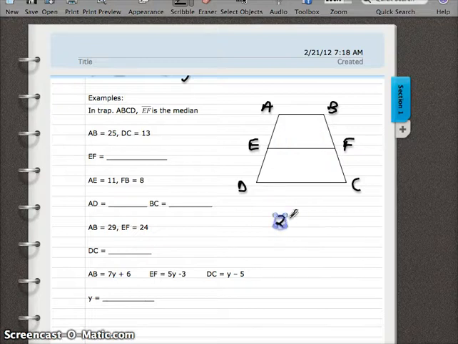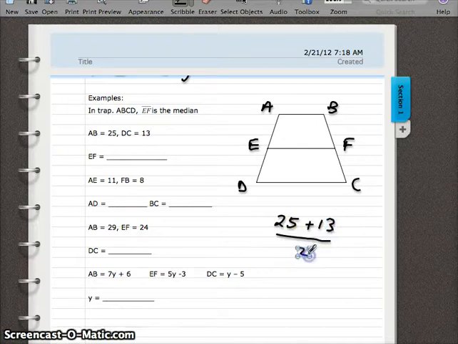So 25 plus 13. We add up our bases. There's 25, there's 13. And we divide by 2, and that gives us the measurement of that segment. So 25 plus 13 is 38, and 38 divided by 2, or half of 38, is 19.